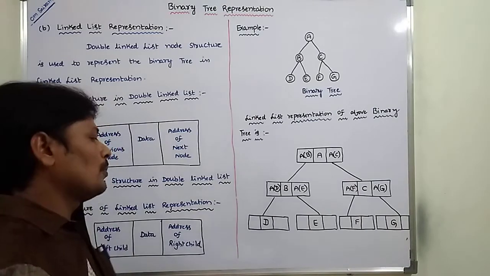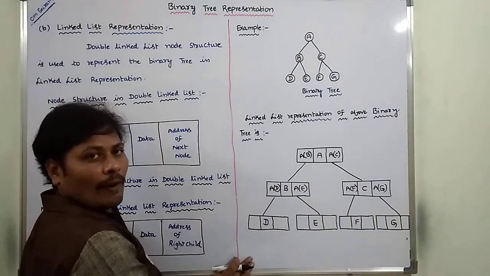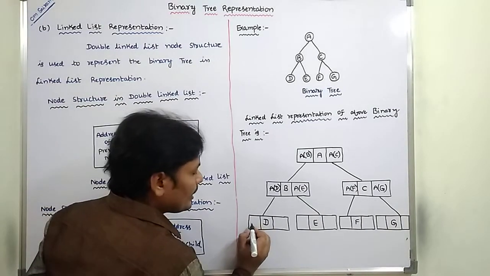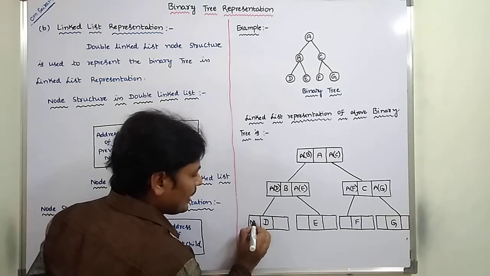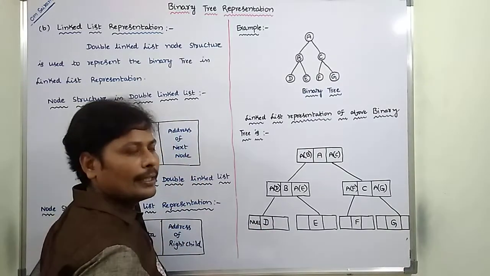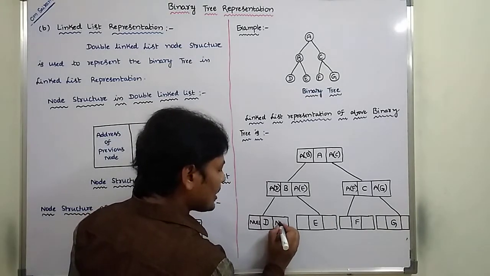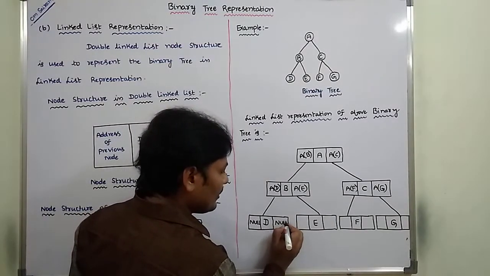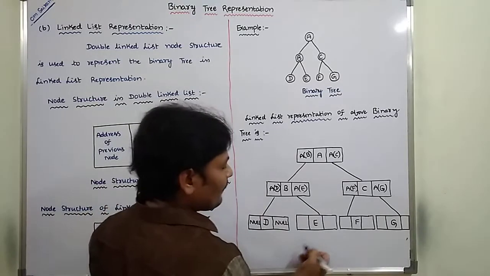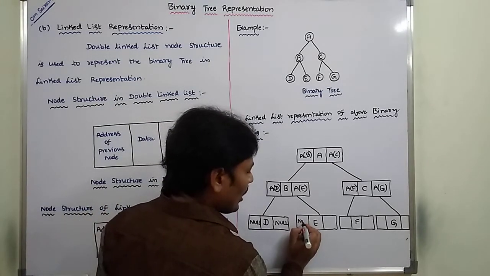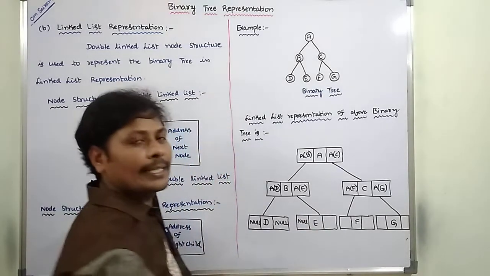Okay. Now, D left child is not there. Now, address of left child is null. Okay. D right child is not there. Address of right child of D is null. Okay. E left child is not there. So address of left child is null.